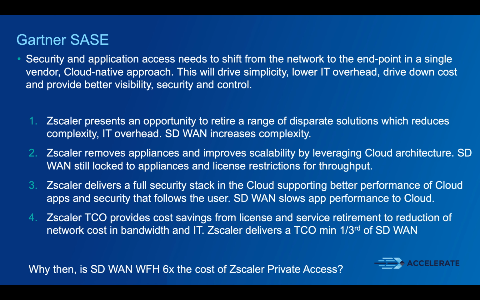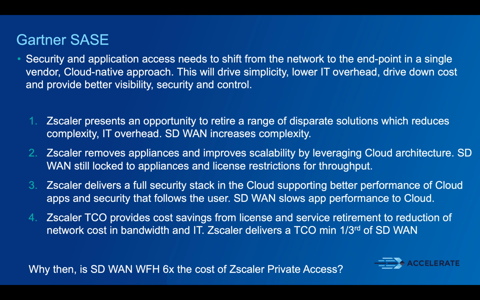Zscaler presents an opportunity to retire a wide range of disparate solutions in that single vendor approach that Gartner talk about, which reduces complexity and IT overhead. In the SD-WAN world, you're increasing your network footprint 1,000 times. You're putting down 1,000 appliances, 2,000 SSIDs. You're not reducing complexity, in my opinion, you're increasing complexity.